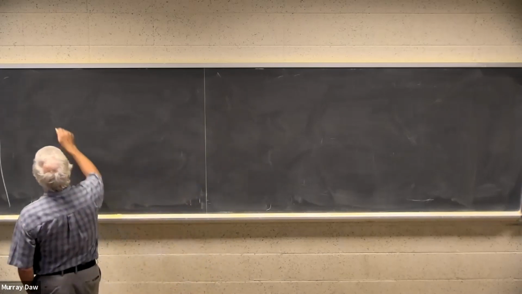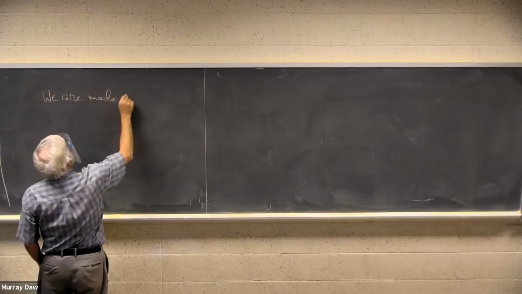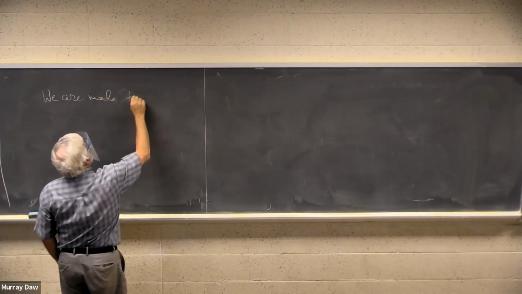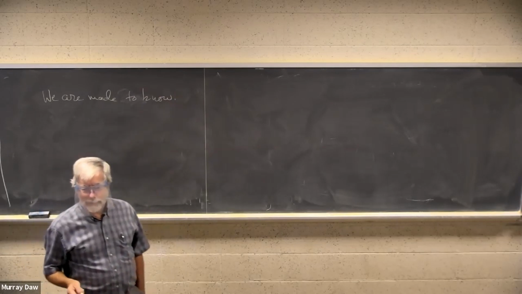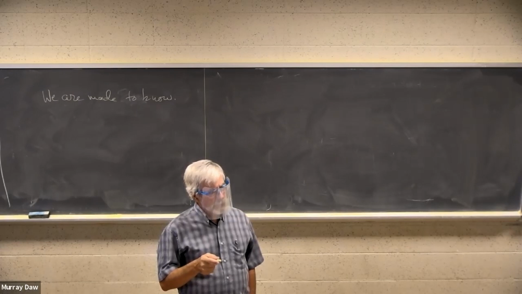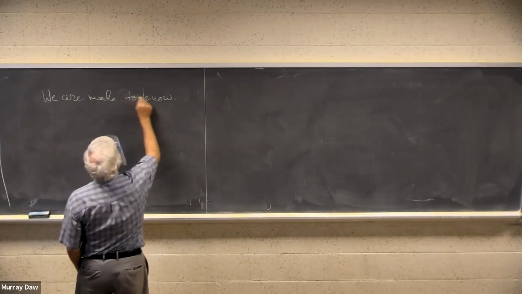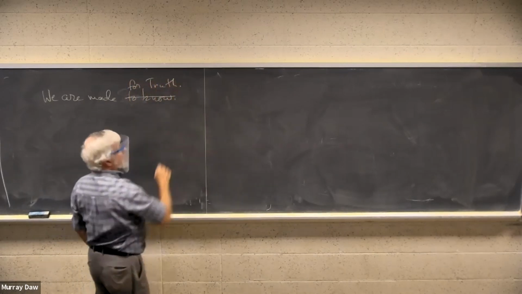So you could say we are made to know. Or even better, because you might think you know something, but it's wrong, we are made to really know the truth. So I like it even better to say we are made for truth. But what is truth?